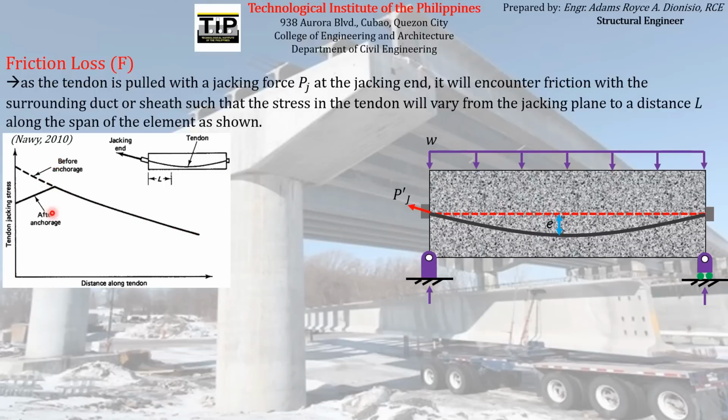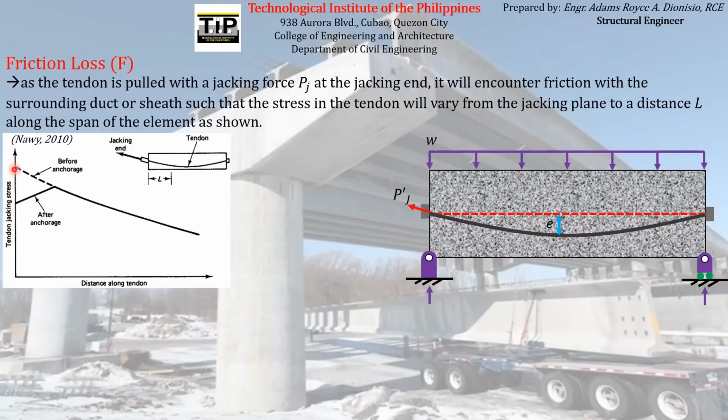But after anchorage, after the pre-stress force is transferred to the concrete element, after the pre-stressing reinforcement is cut, you can see here that there is a sudden decrease in the jacking stress acting at the jacking end. This is the graph after anchorage.